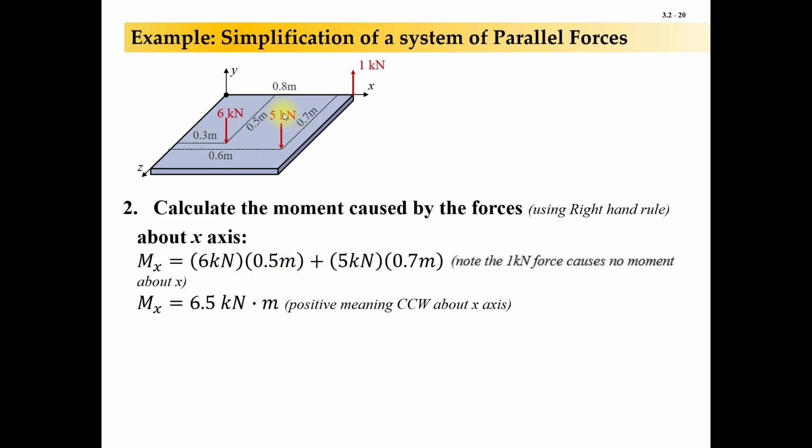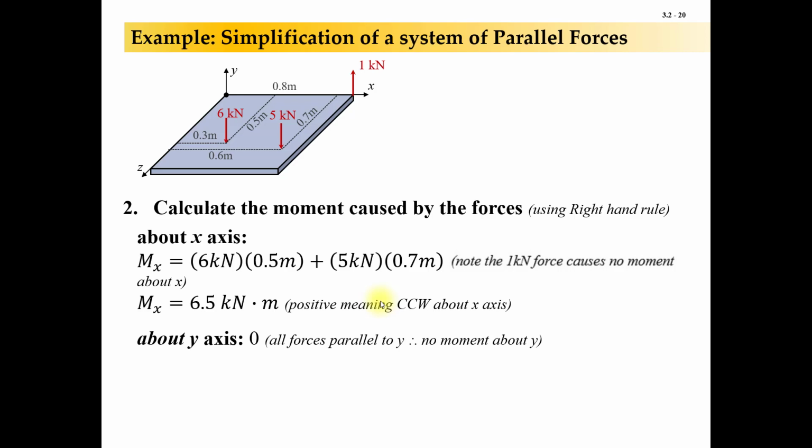And then this force right here is also going to be a positive moment, 5 times 0.7. And then the 1 kilonewton force is acting through the x-axis, so we get no impact. Okay, so that gives my moment about the x-axis due to these three forces equal to 6.5 kilonewton meters. And it's positive, which means that it is a counterclockwise moment about that axis according to the right-hand rule.